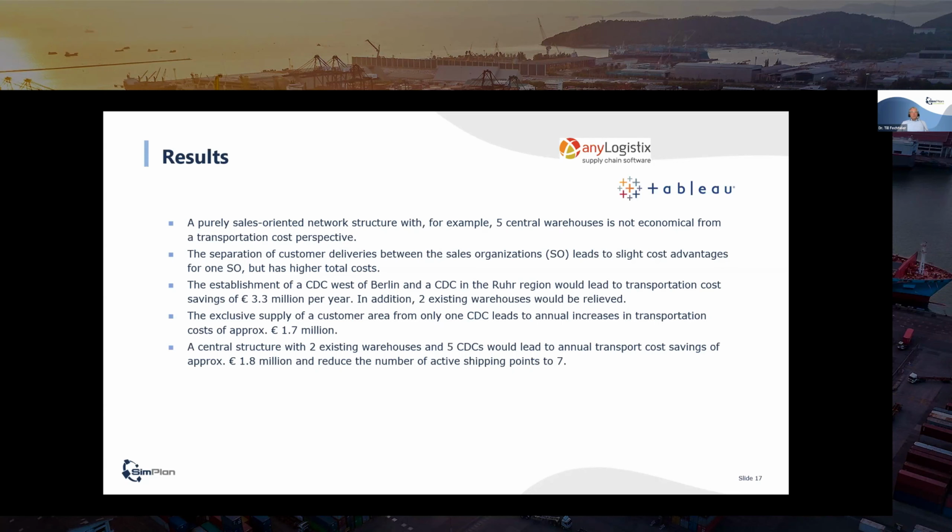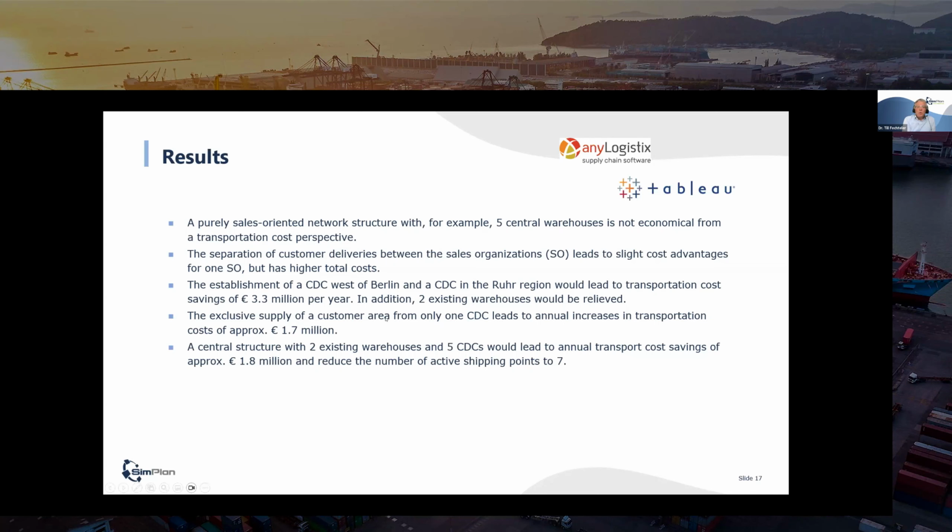Then we established network alternatives. We find that two new distribution centers, west of Berlin and in the Ruhr region, lead to savings regarding transportation costs of 3.3 million euro. Additionally, in this network variant, we also utilized two already existing warehouses.